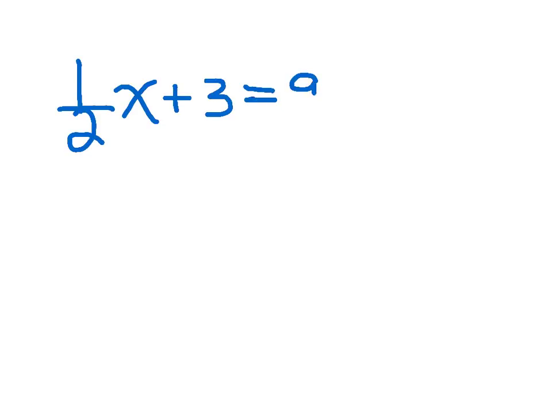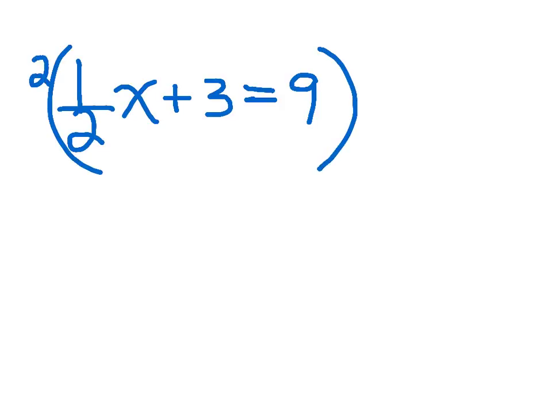The other choice for doing that, okay, I'm going to change the page. There's another way. Some kids prefer to just say, I am going to get rid of this fraction because I simply cannot stand fractions. 1/2 x plus 3 equals 9. And so they say, I see 2, I'm going to multiply this whole equation by 2.